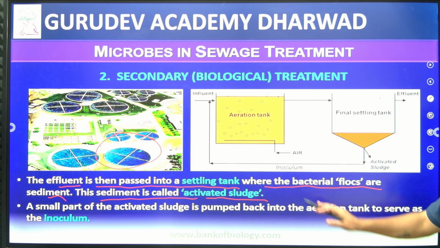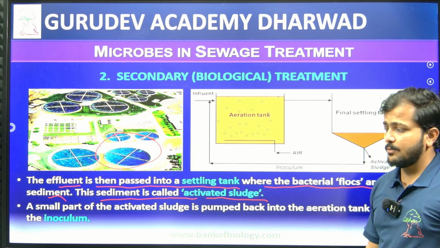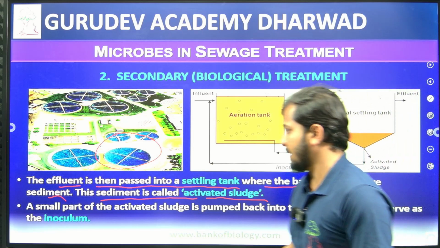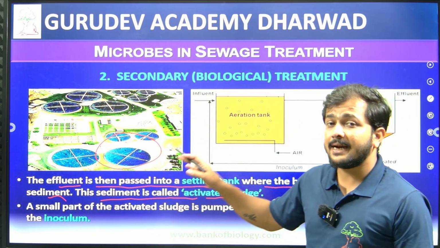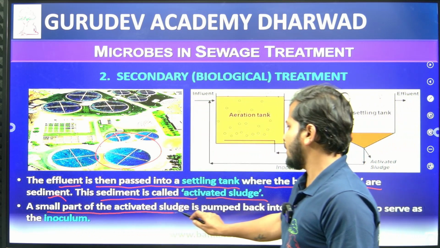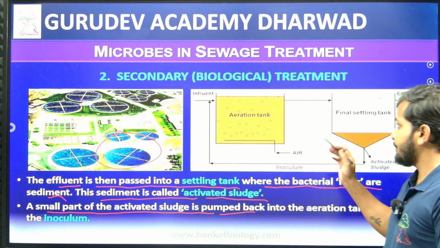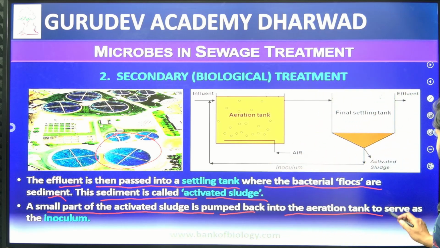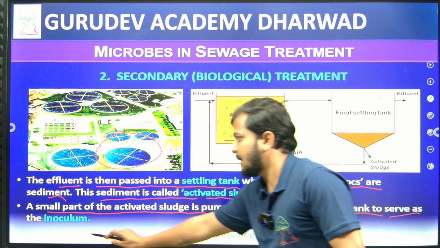Again, microbes purify the water by using the organic and inorganic substances present in it. A small part of the activated sludge is pumped back into the aeration tank to serve as the inoculum.